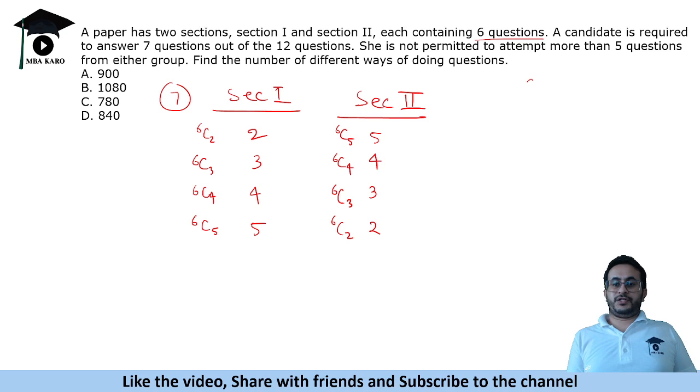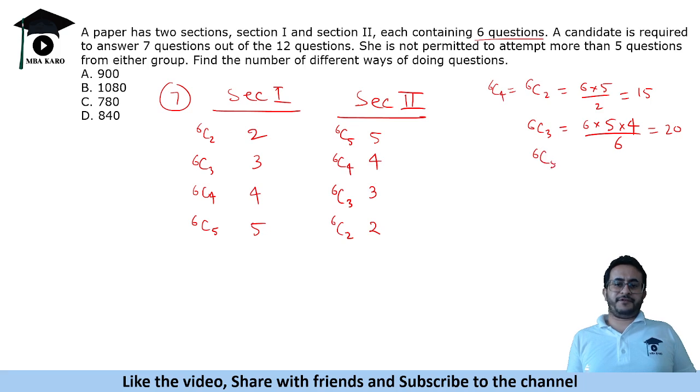So 6C2 is basically 6 into 5 by 2, which is 15. 6C3 is 20. 6C4 will be equal to 15, and 6C5 equals 6.